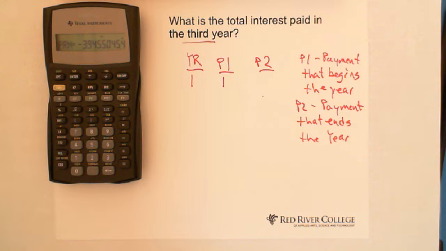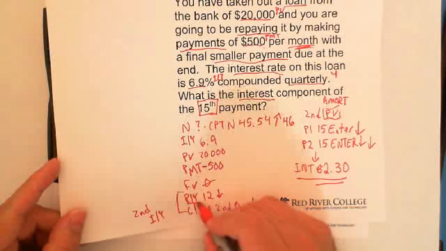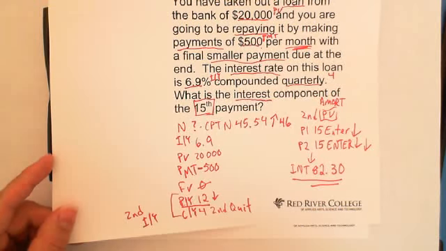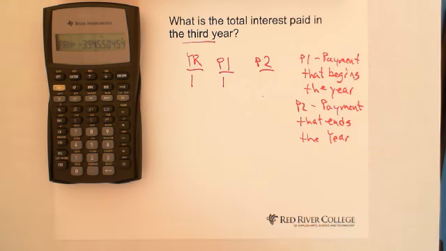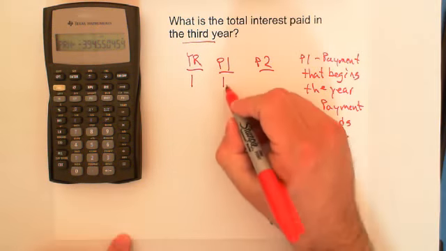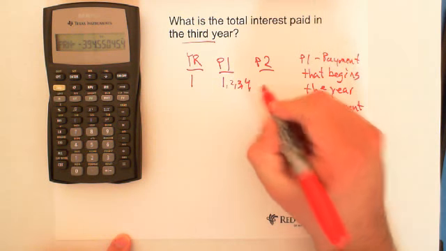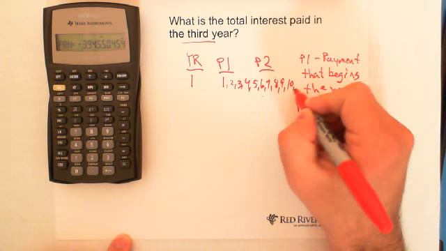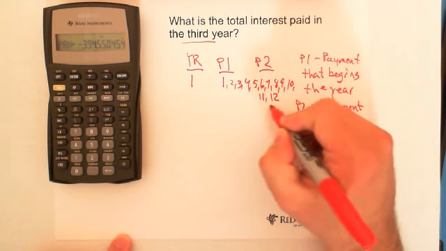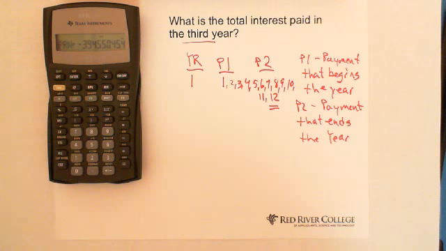If we bring back the question that we began with, our PY we set to 12, so that means we are going to make 12 payments in 1 year. So we're going to make payments 2, 3, 4, 5, 6, 7, 8, 9, 10, 11, 12. So then P2 is actually going to be the payment that ends the first year.